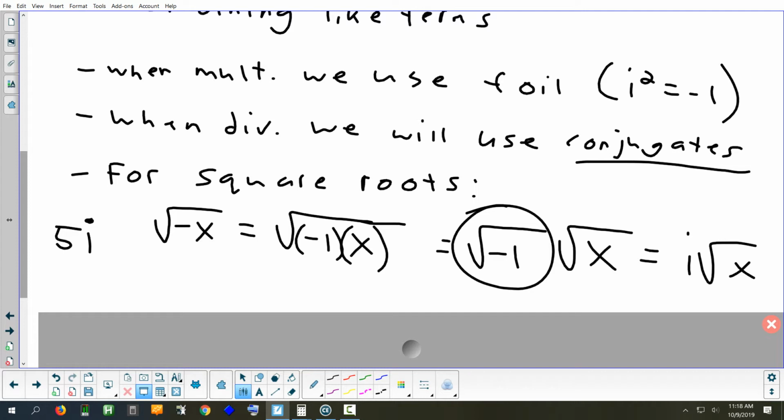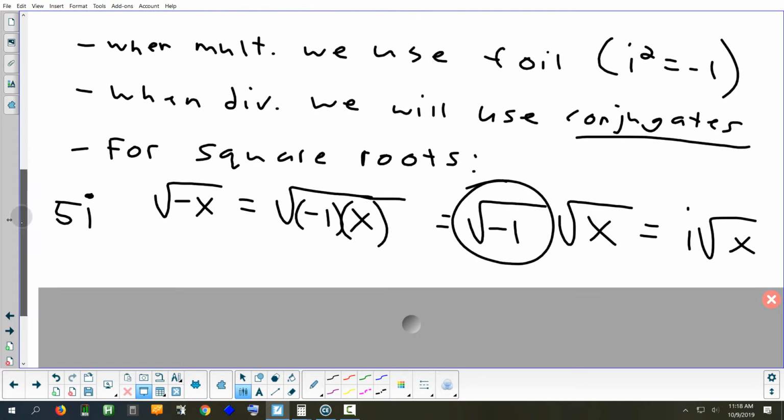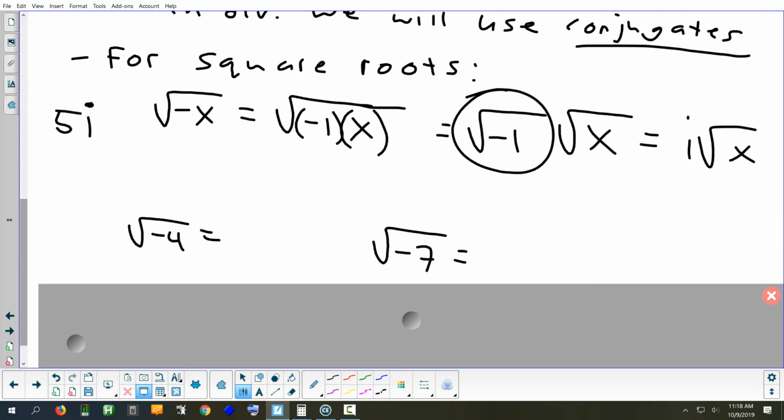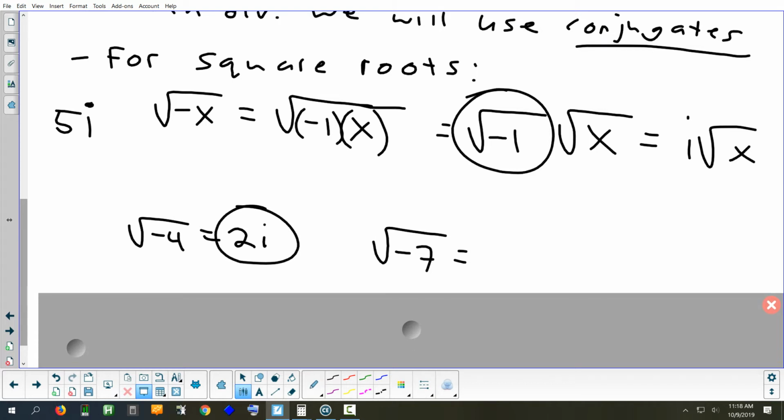And how about the square root of -20? 2i times the square root of 5? Yeah. So if it was the square root of 20, it would just be 2 square root 5. Square root of -20, 2i square root 5. So any question on simplifying square roots?